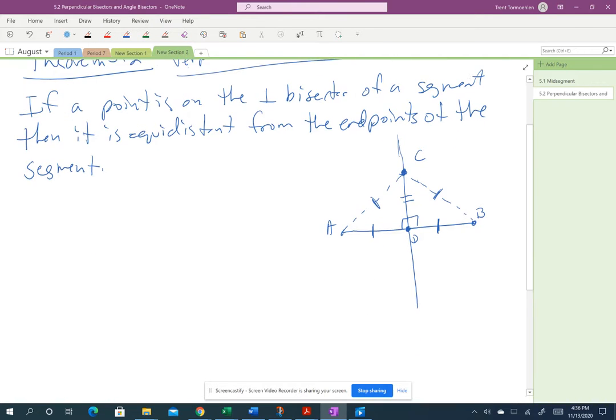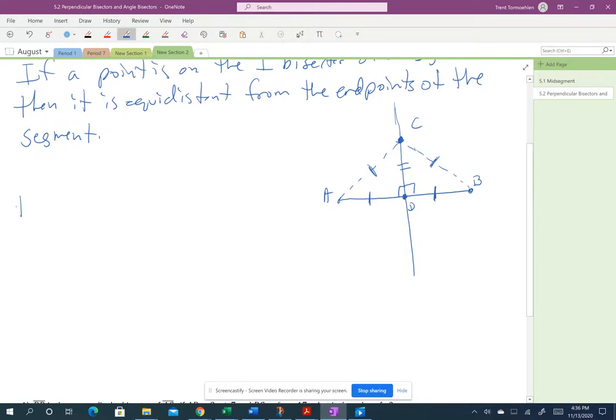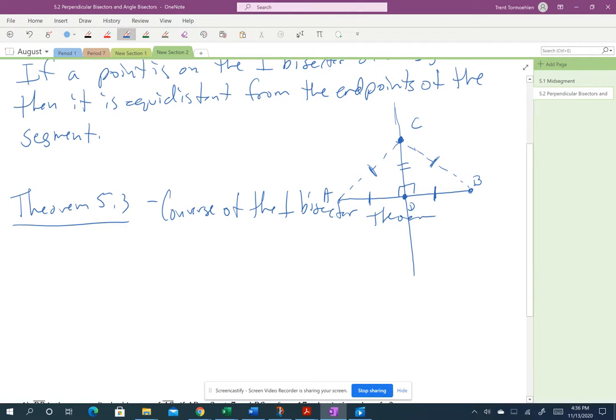Now, there also is the converse of this theorem. Theorem 5.3 is the converse of the perpendicular bisector theorem. What it says is just the opposite of this. It starts with a point that is equidistant.